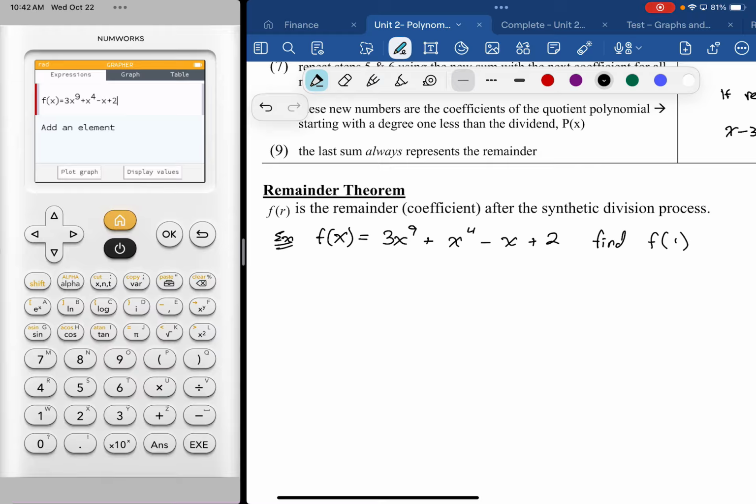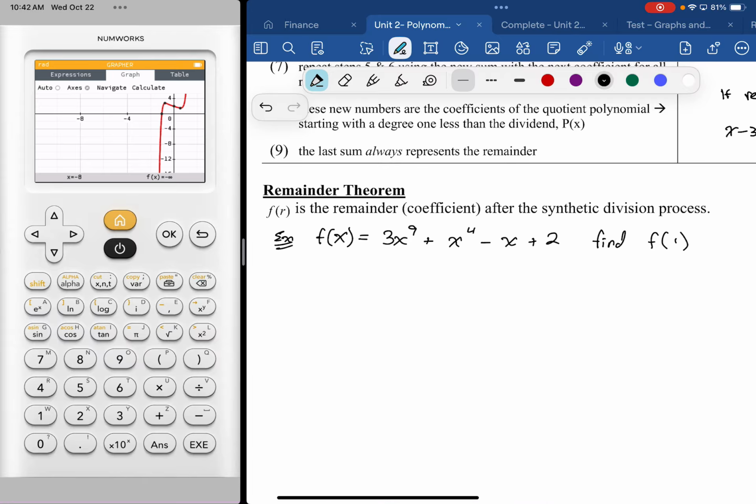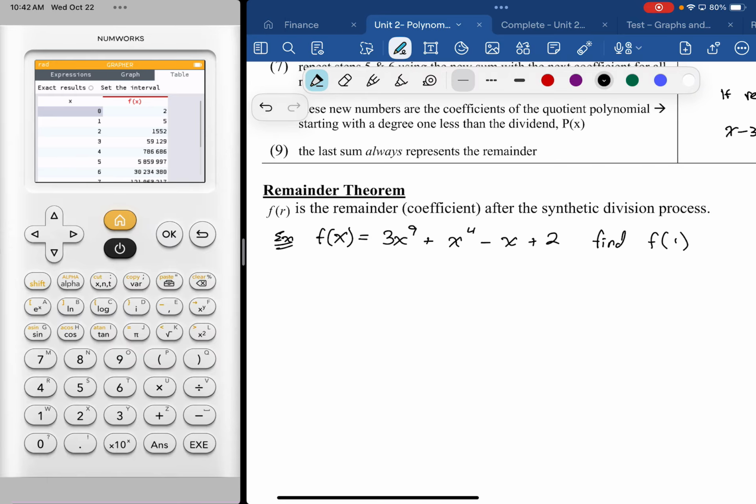It's actually not terrible, but I could look at the graph and figure out what the y value is when x is equal to 1, so 5, easy enough. I can go into the table and see at 1 the y value is equal to 5, that's fine too. All right, no problem there.